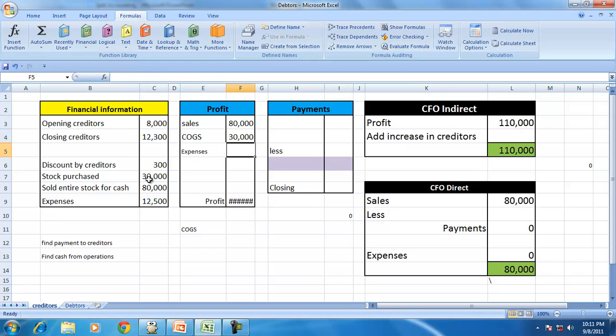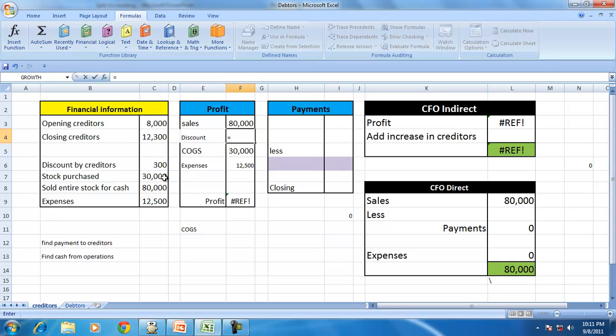Expenses is 12,500. Then in this case there is an income in the form of discount. So discount is income.